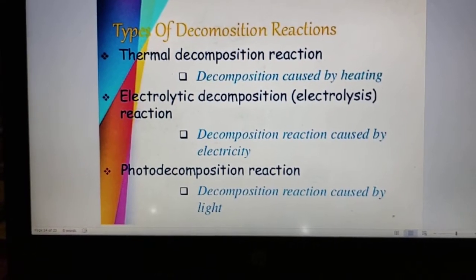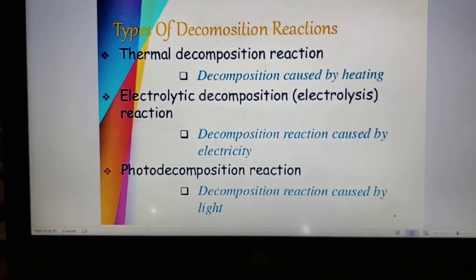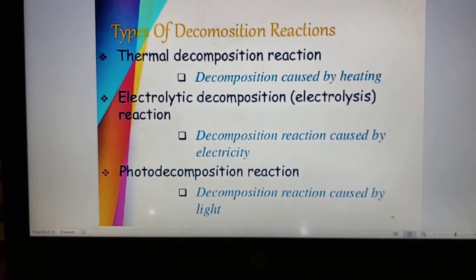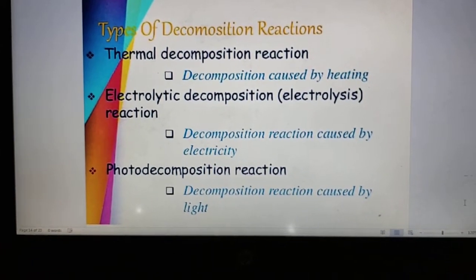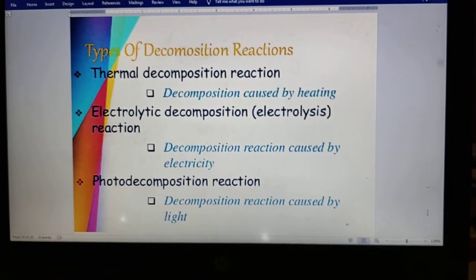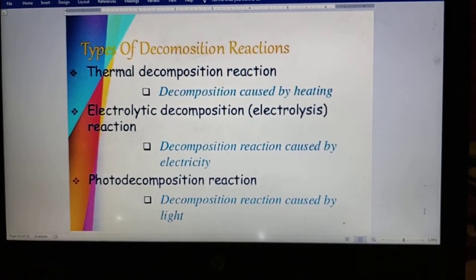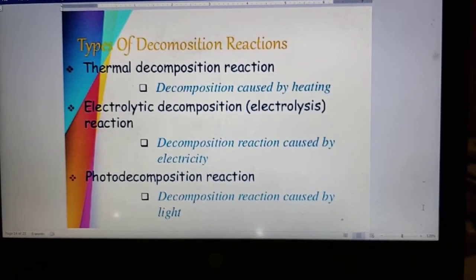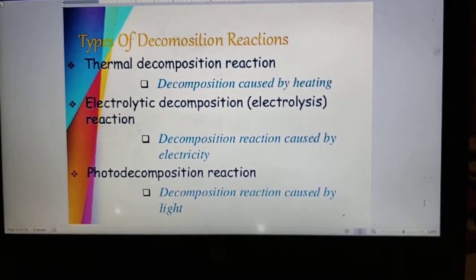Example: calcium carbonate decomposes into calcium oxide and carbon dioxide. Second one is electrolytic decomposition or electrolysis. It means decomposition reaction caused by electricity.